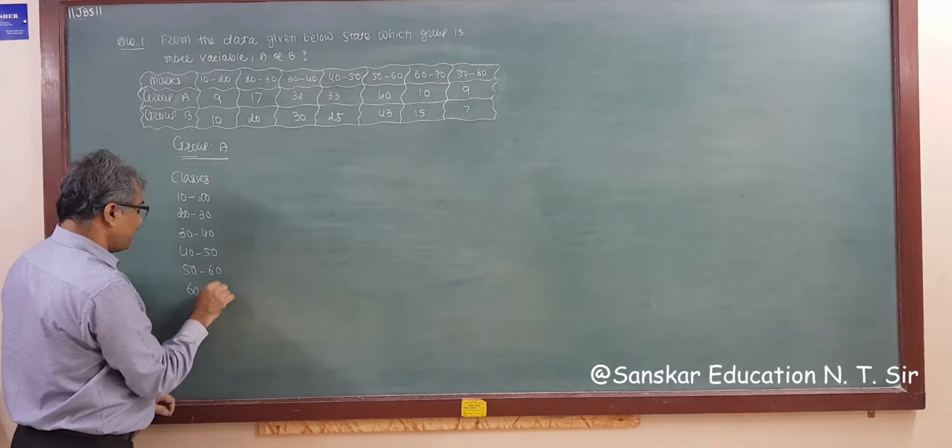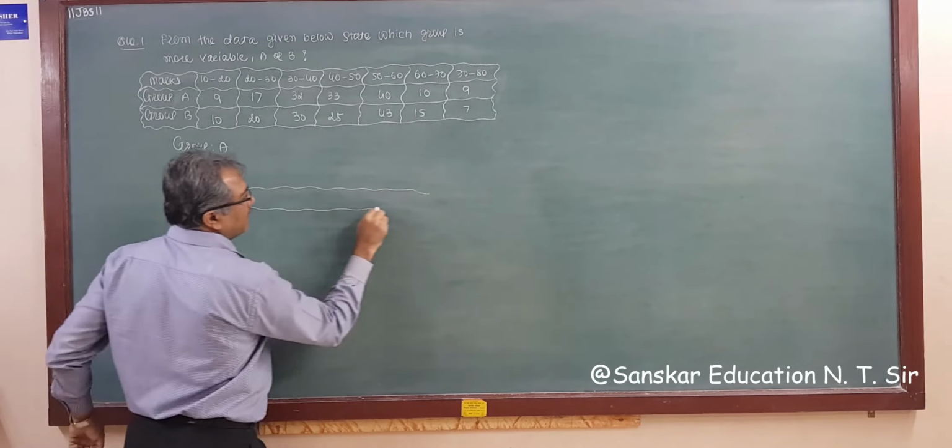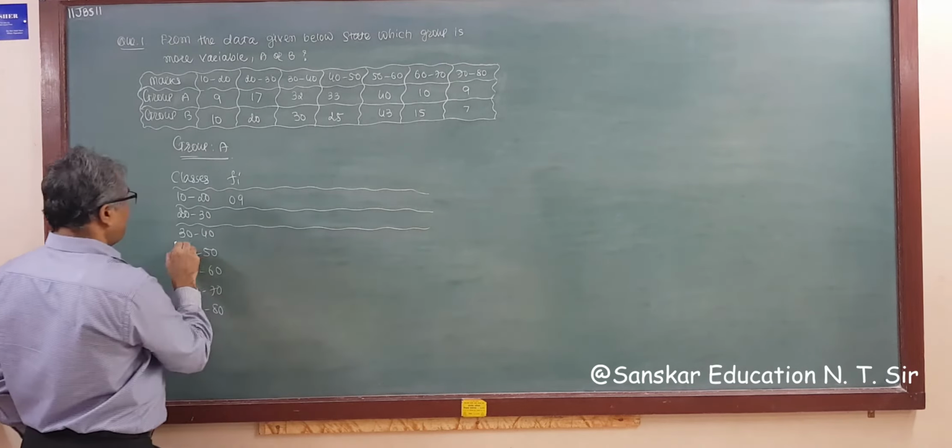I am not writing marks, I am writing classes. So these are the classes given. Then for group A, the frequency Fi is given, that is 9, 17. As usual we are writing 9, right? First of all I am drawing this horizontal line for group A.